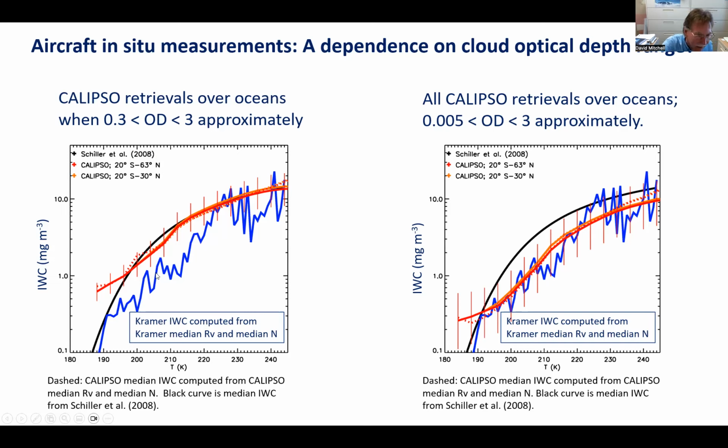So it makes me wonder if the Schiller data was flying in optically thicker clouds. On the right side, Martina Krämer's data, the blue, is based on all the optical thicknesses that we can sample, and we have pretty good agreement there. So there's a little bit of uncertainty. When you're comparing with in situ data, you want to know what type of clouds were sampled, and whether they're optically thicker or not.